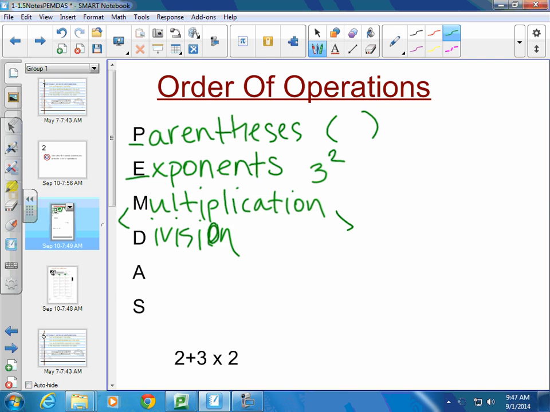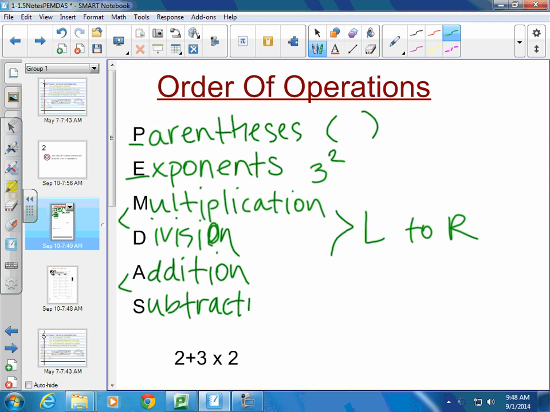And we are solving multiplication and division together in the same step, and we're solving it left to right. So just like you're reading, from the left side of the expression to the right, you go in order, whether it's multiplication or division. And then the same goes for addition and subtraction. And it's the same. You go left to right.